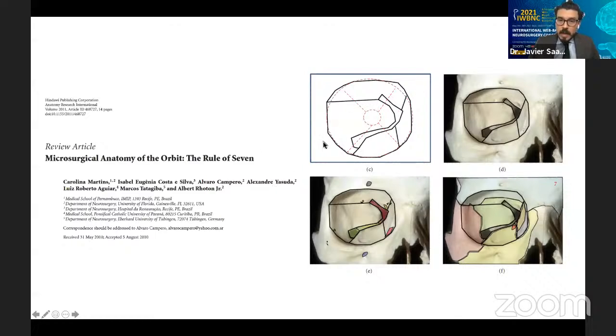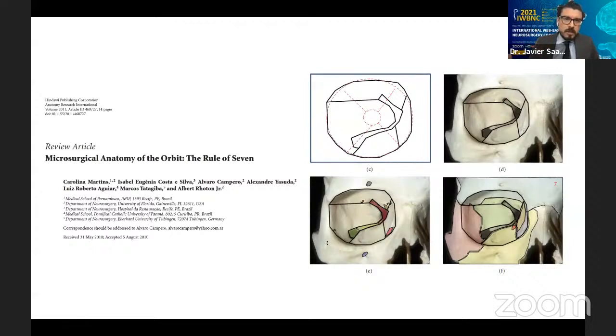So we all have in our mind this picture of Dr. Rutten telling us that the orbit is a pyramid. It has 4 faces, very well delimited, and it has 7 bones, 7 muscles, 7 nerves. That's the idea that most of us have in our mind of what the orbit is.